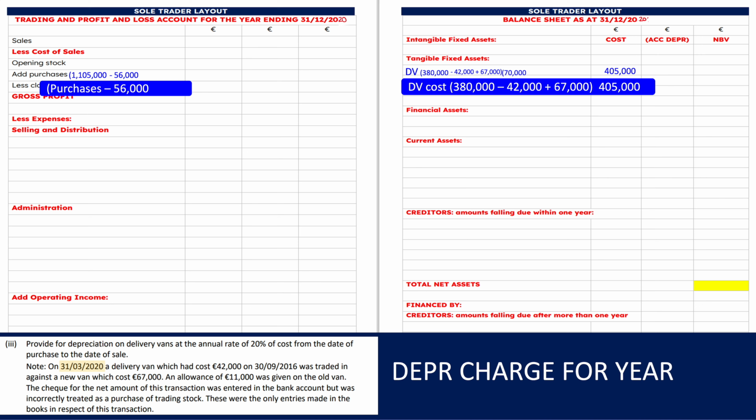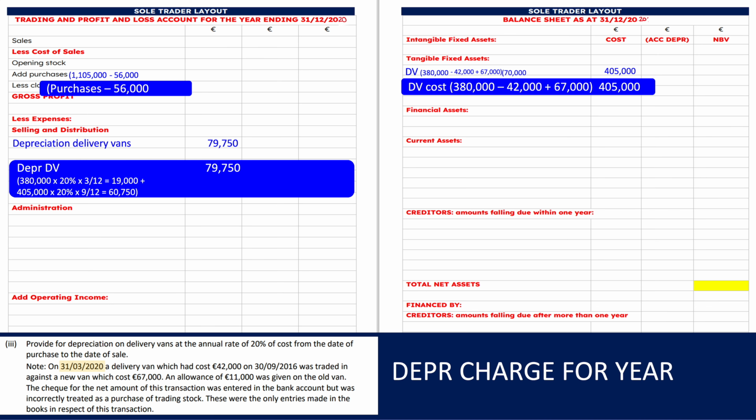Okay, so we're going to record depreciation of delivery vans in the selling and distribution expenses. So you see here, 380,000 by 20% by 3 over 12 is €19,000. And then we add that to 405,000 by 20% by 9 over 12 months, and that's €60,750. So depreciation charge for the year, 79,750.